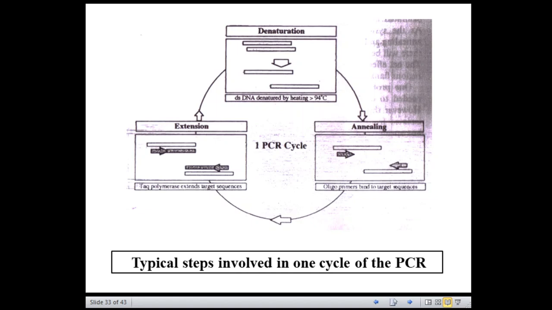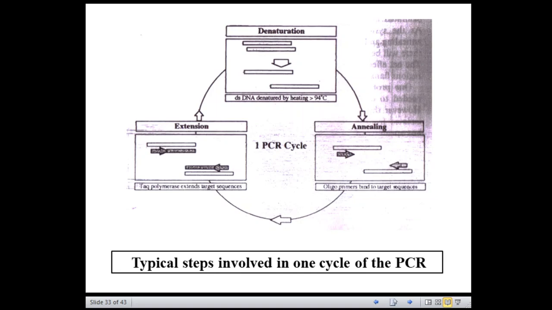You can carefully observe in the figure, we have the denaturation, annealing, and extension, and it is a cycle. All these three make one PCR cycle. And each of these steps is repeated for at least 30 to 40 times, which we call cycles.